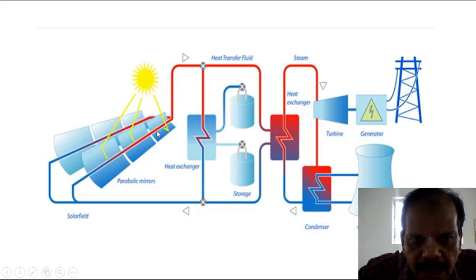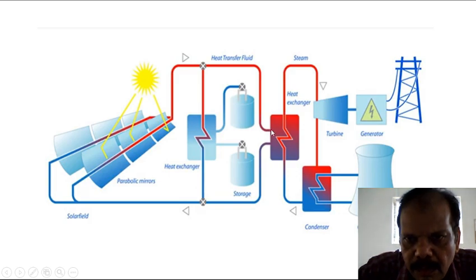So this cold fluid will get heated up and come out as hot fluid, and this hot fluid energy will be used to exchange heat to another medium like water.